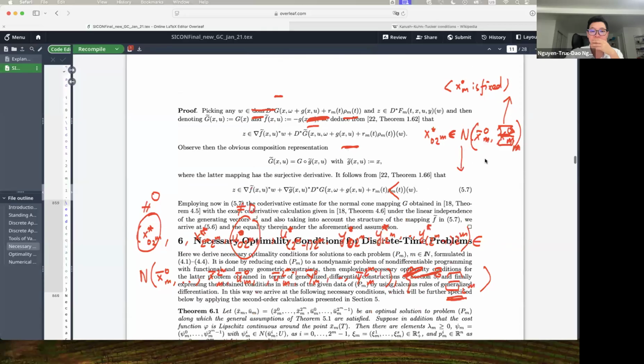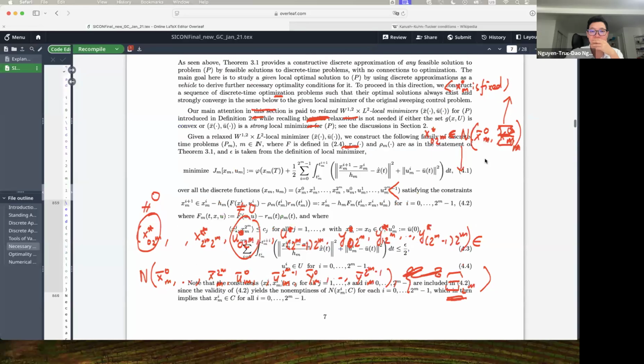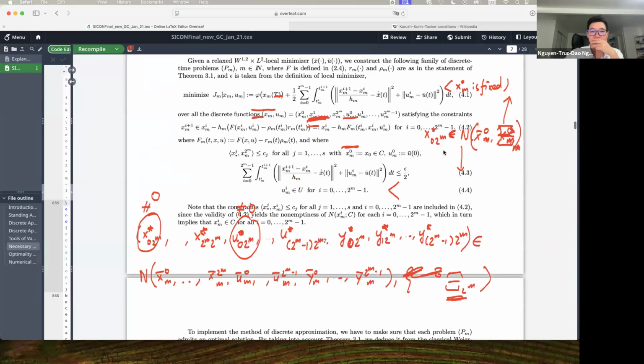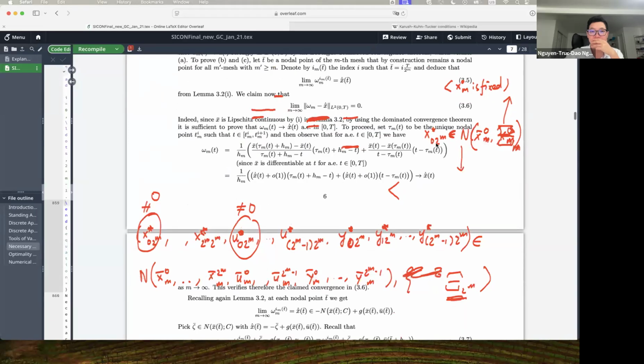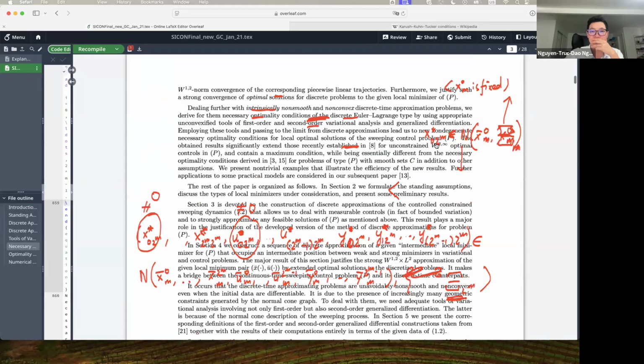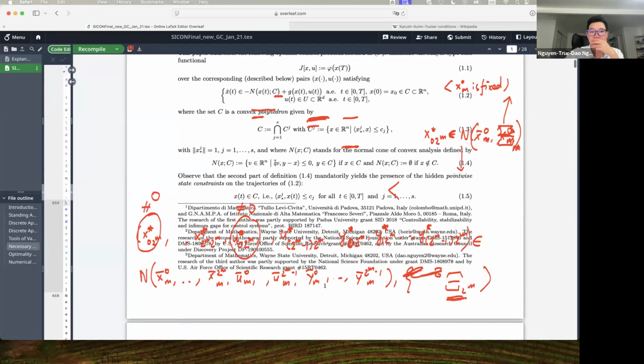I can go back and show you the convex one right here. If it belongs to the normal cone, and assume that the normal cone is convex, then any element in that normal cone has inner product with this vector less than or equal to 0. I'm going to rewrite here.